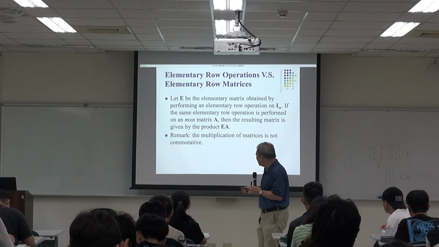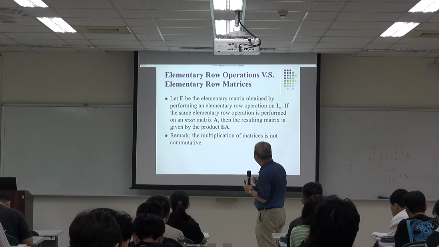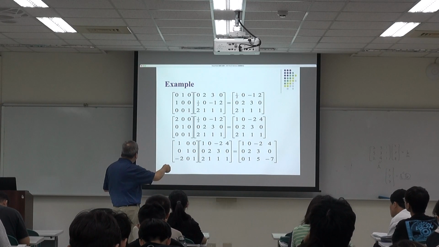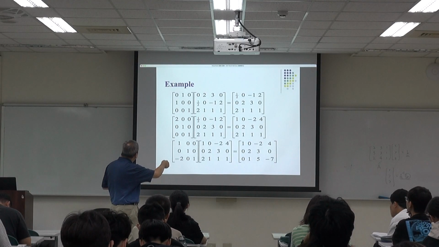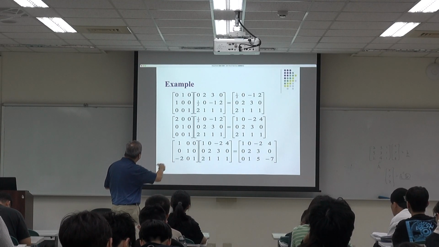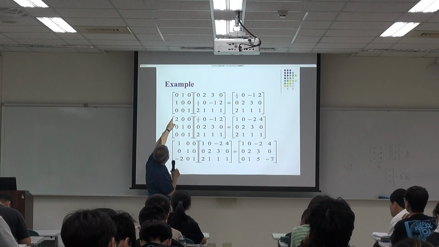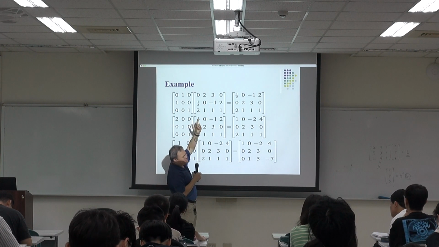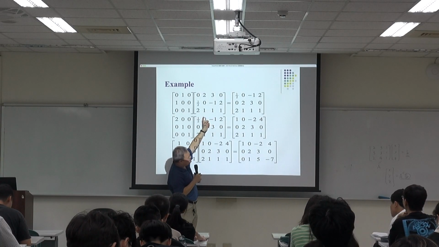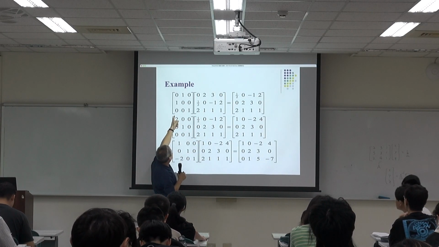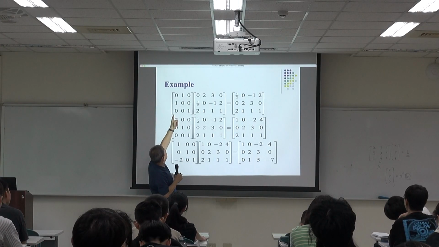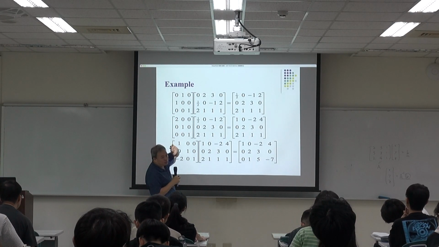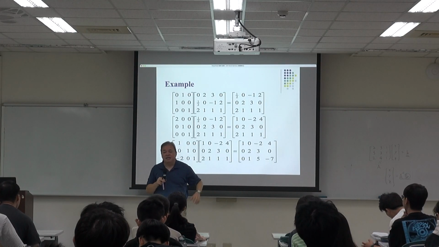Okay, so let's take a look. For example, the first one, on the left-hand side, this one is E. This one is an arbitrary matrix A. So this one is an elementary matrix, right? Because we just swap the first row with the second row in the identity matrix.